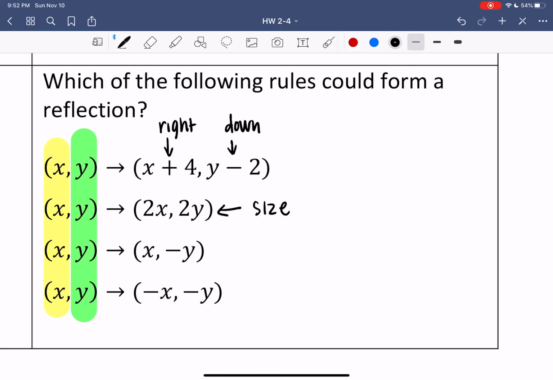And the last two could be a little bit misleading, but this third one, remembering that when you reflect over the x-axis, the y coordinate is going to change and the x coordinate is going to stay the same, whereas if you reflect over the y-axis, the x coordinate is going to change and the y will stay the same.